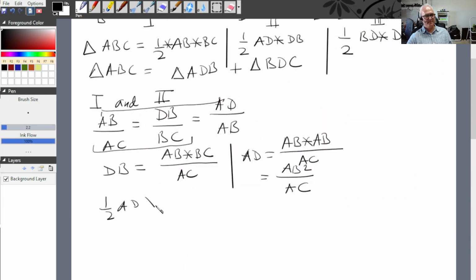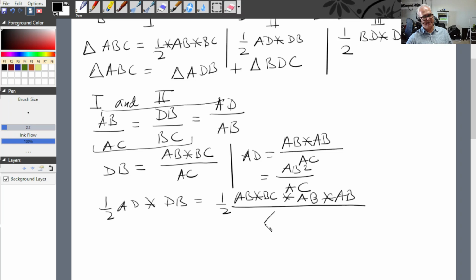AD multiplied with DB is half of AB multiplied with BC multiplied with AB multiplied with AB divided by AC multiplied with AC. So this is half AB, BC and AB square.